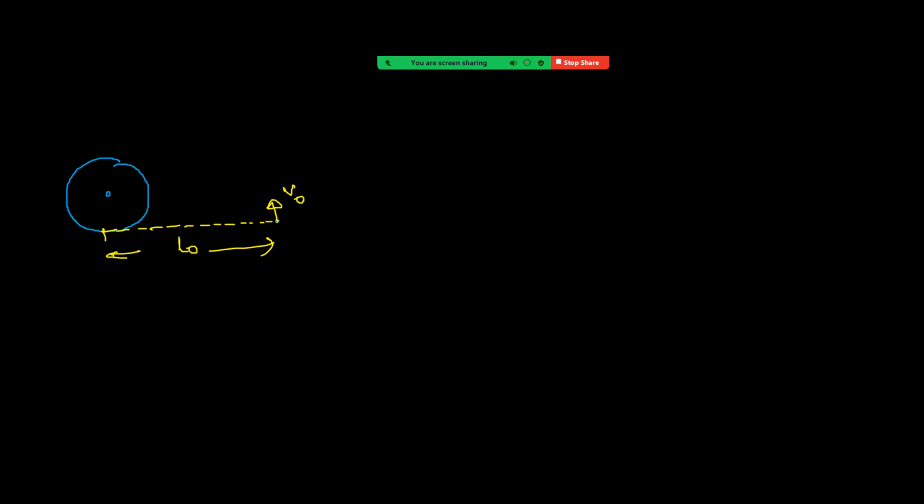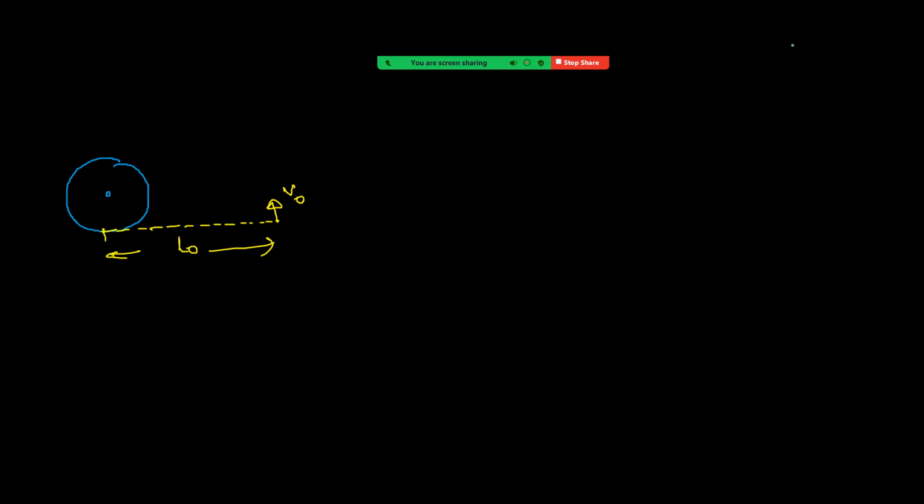You can see the force is only normal to velocity, that is the tension. So in this plane the only force is tension, and that is normal to velocity. So the direction of velocity changes, but its magnitude does not change.